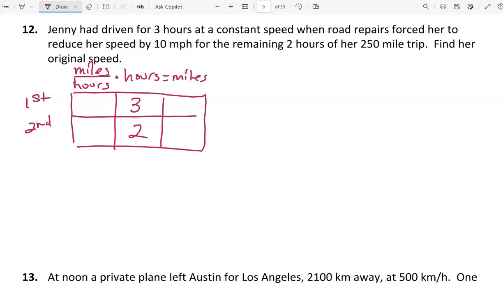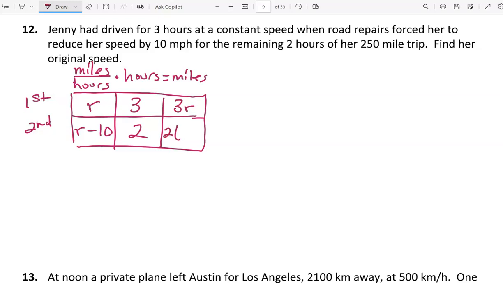So if we're looking for her original speed, I can make that r. That would be for the first part of the trip. For the second part, r minus 10, since it's reduced by 10 miles per hour. Now, if you wanted to set this problem up where the second part was represented by r and the first by r plus 10, you absolutely could.